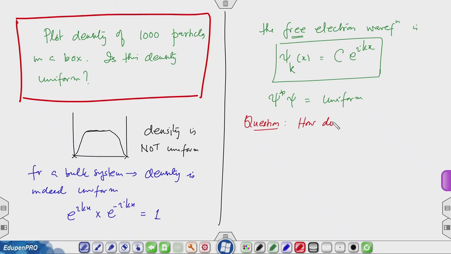Once I do that, the next question that arises: how do we normalize this wave function? Because uniform, if I integrate from minus infinity to infinity, ψ star ψ dx is going to come out to be infinity. So, now we do a mathematical trick.